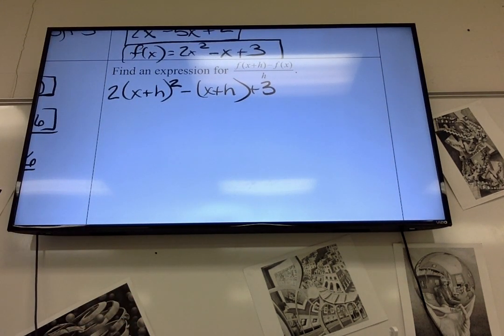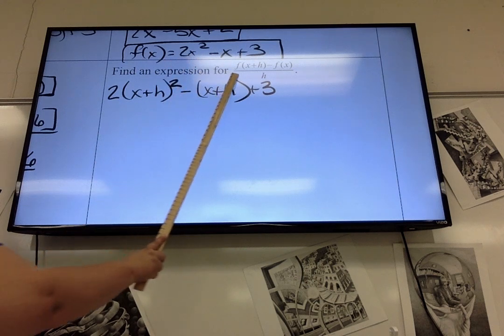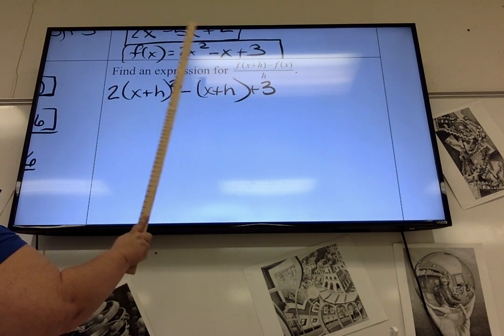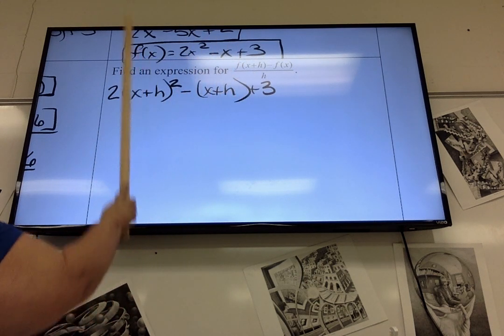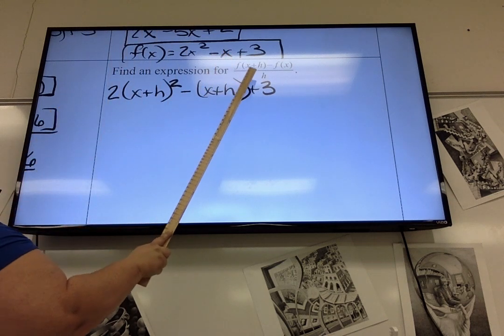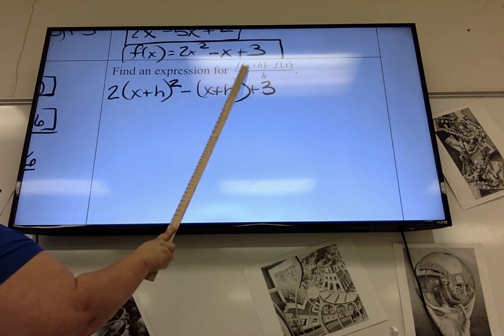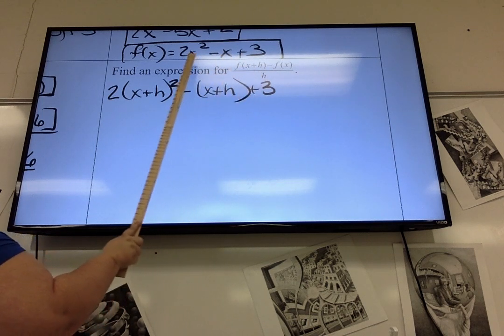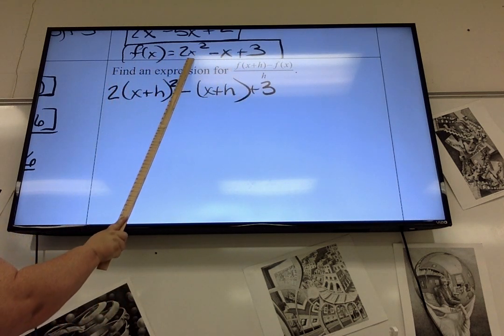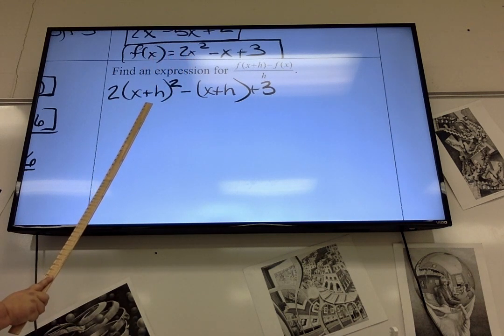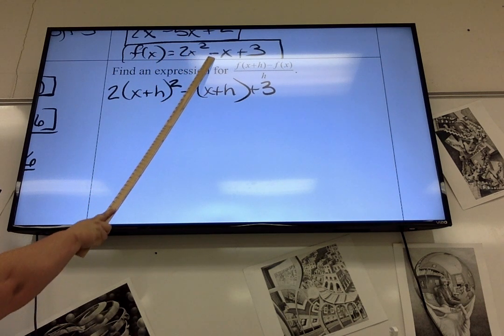Yes, okay. So, to do f of x plus h, I take that f of x equation that was up there, and I replace all the x's with x plus h. So I still have the 2. Instead of this x, I put x plus h squared minus.